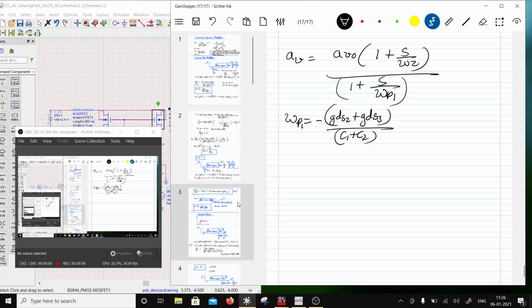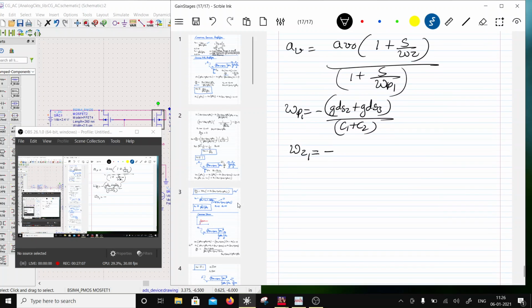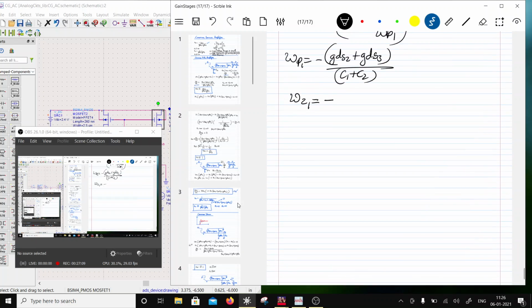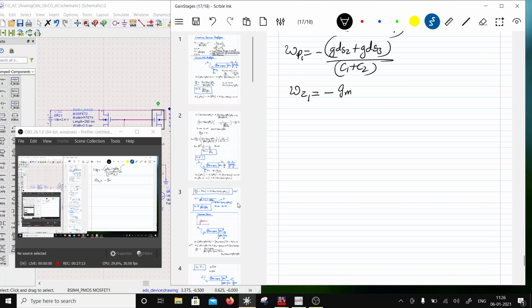Okay, so CDB3 has come along with GDS3, right? But that has introduced a 0 in the left hand side, which is going to be minus GM3 by C1, correct? Okay, so now where does this reflect? Where does this left hand side 0 reflect?